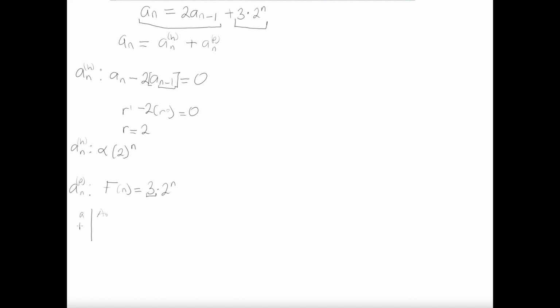If it's n, it's linear, so it would be a_1 n plus a_0. If it's n squared, you'd have a_2 n squared plus a_1 n plus a_0, right? And if it's r to the n, you just have a multiplying r to the n. So then this is that.